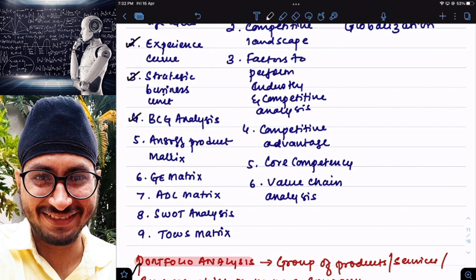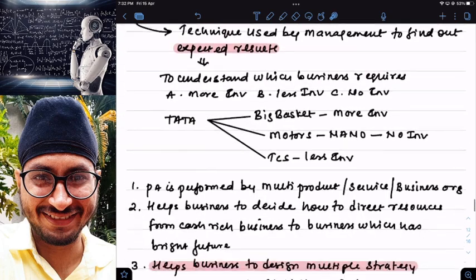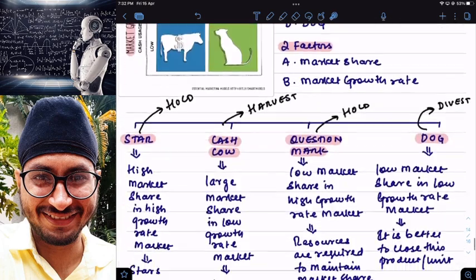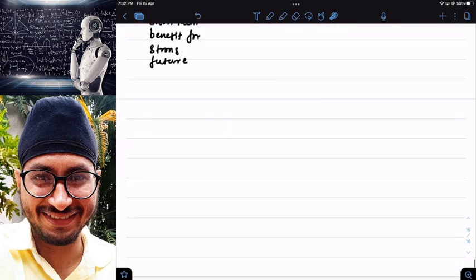We have discussed BCG analysis. So the next analysis we have is Ansoff product matrix. Again a very important one. The Ansoff product matrix was given by Igor Ansoff.